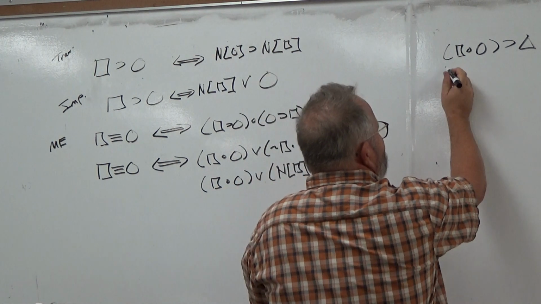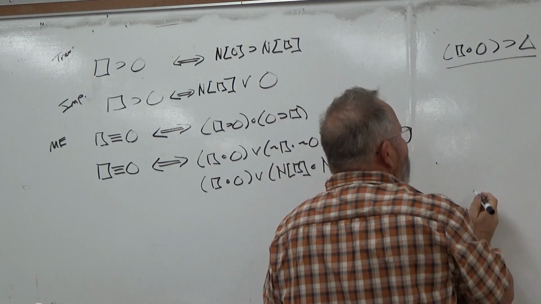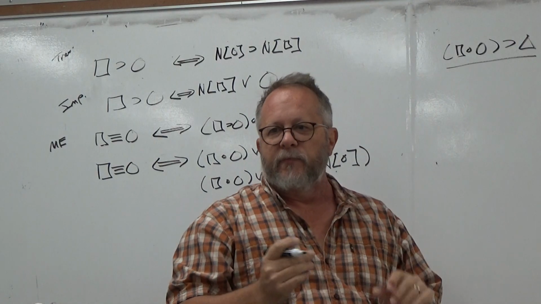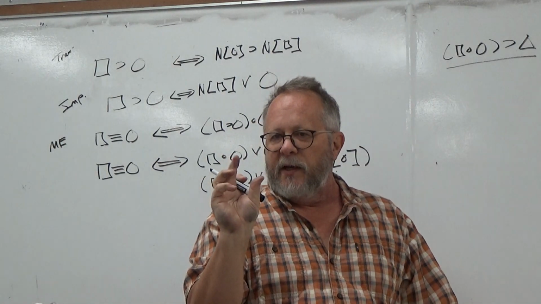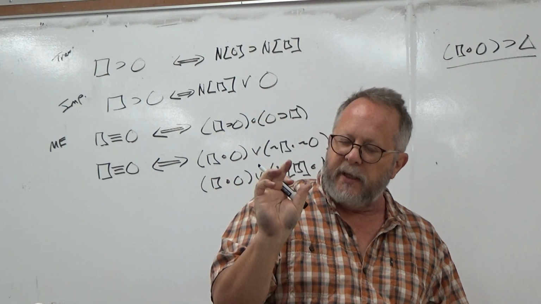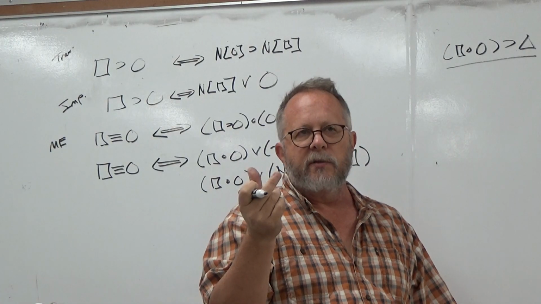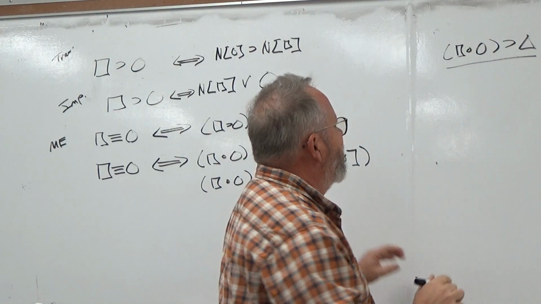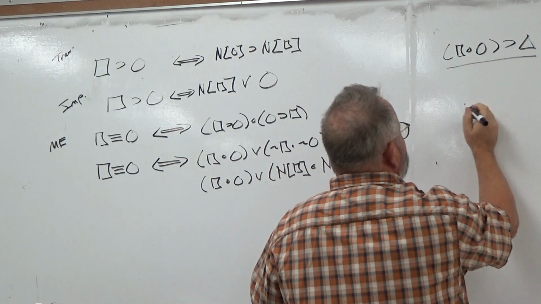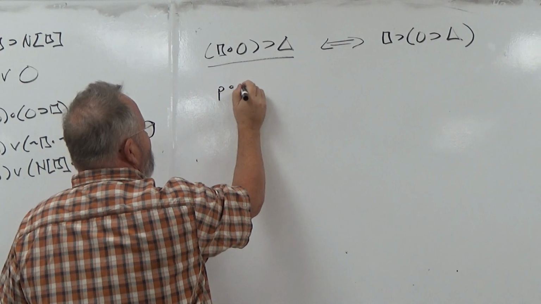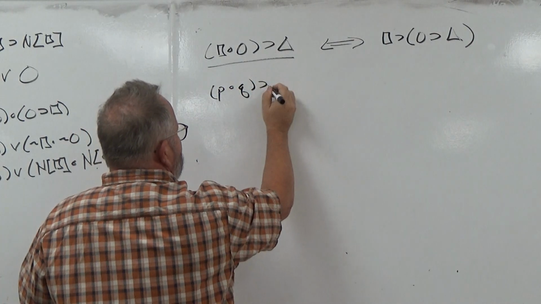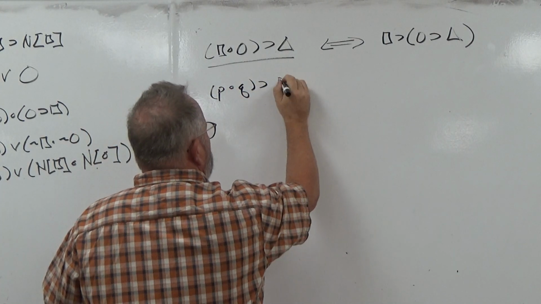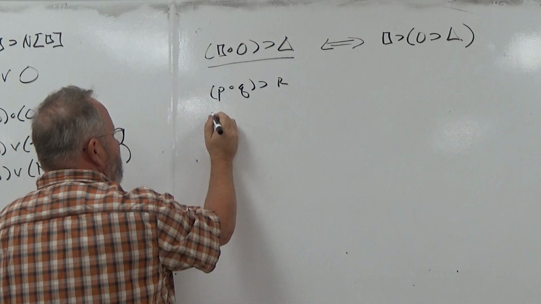So consider this one, and we have the rule COM, right? That lets us flip conjuncts for conjunctions and disjuncts for disjunctions. So I might have this, and let's make it real, P and Q then R. Okay, what I can do is I could do this.